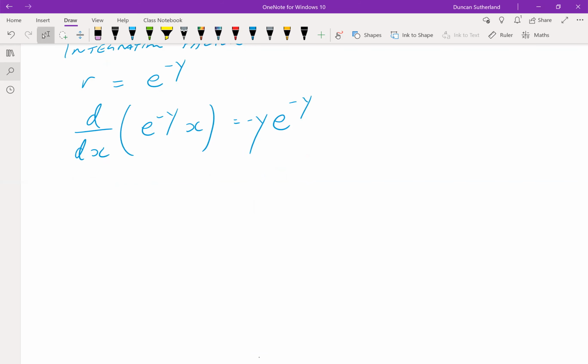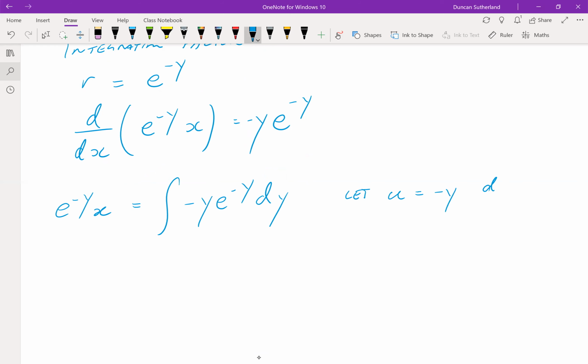Alas, we have an integration by parts. I know it's dodgy notation, but we'll just stick with it. This is u equals minus y, so du equals minus dy. dv equals e to the minus y.